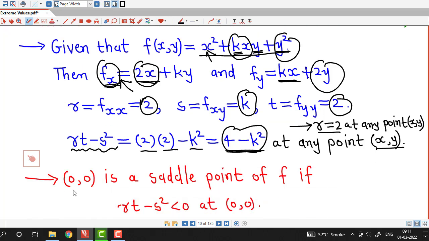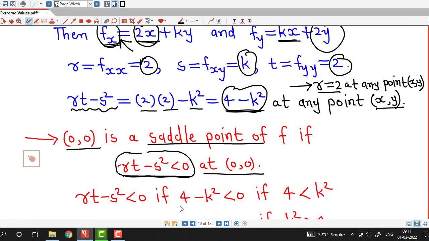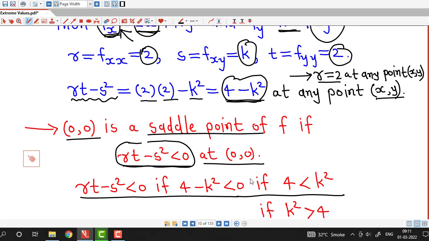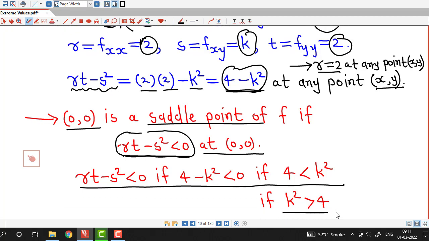Now we know that point (0,0) is a saddle point of function f if rt minus s² is negative at that point (0,0). rt minus s² is 4 minus k², so this condition is satisfied if 4 minus k² is negative. 4 minus k² is negative if 4 is less than k², that is, if k² is greater than 4.